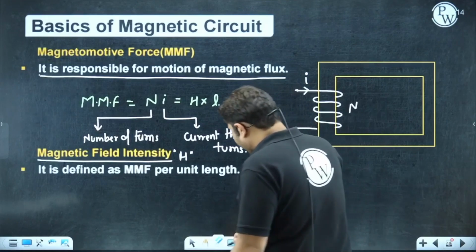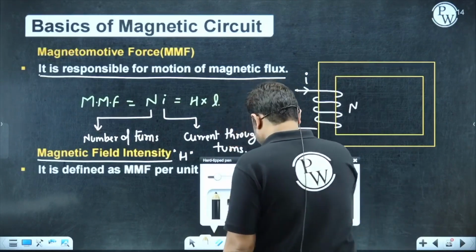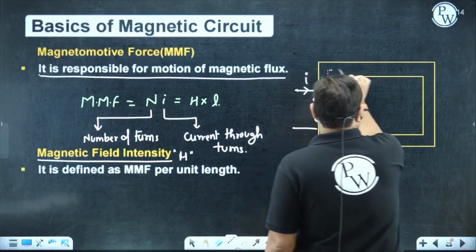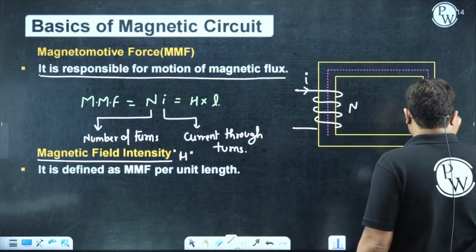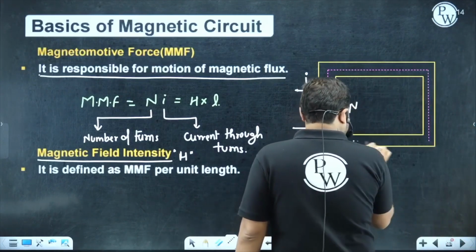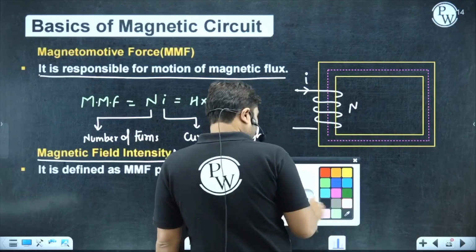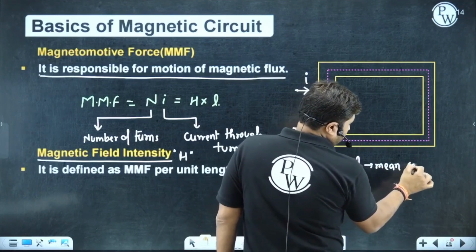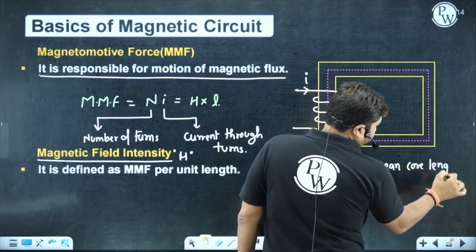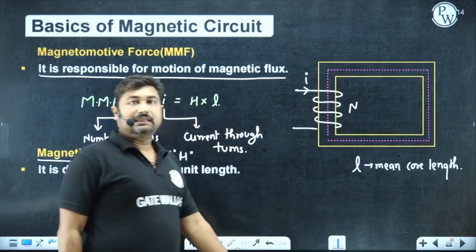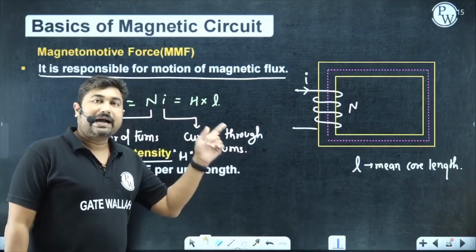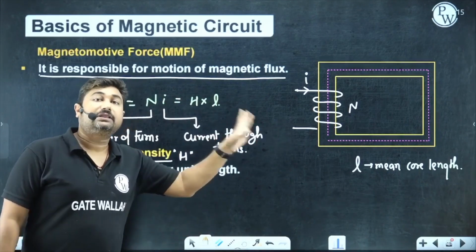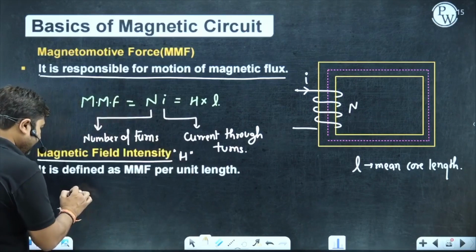So if we have a material having mean core length L, then magnetomotive force per unit length of the material is called magnetic field intensity.